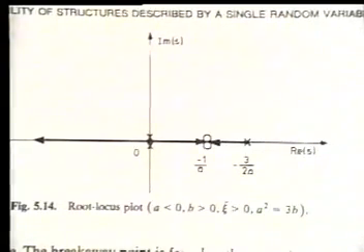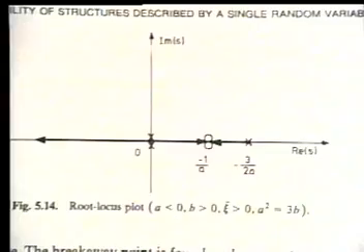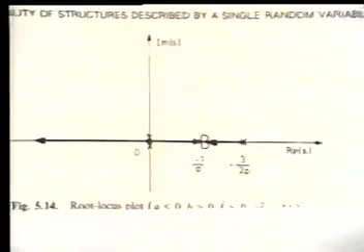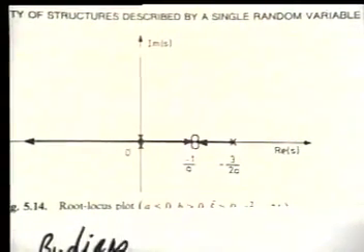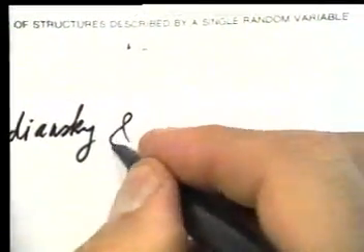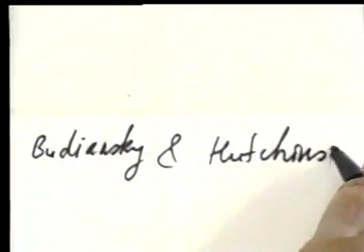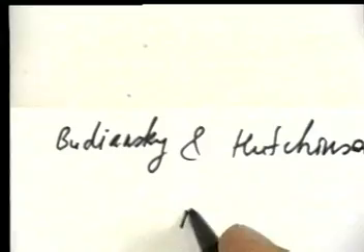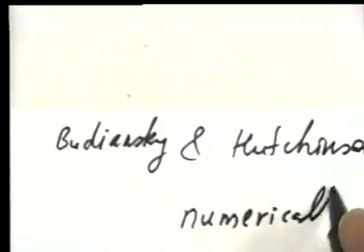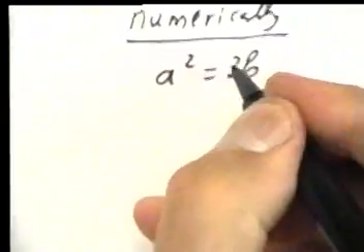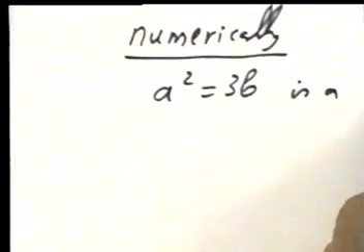Now, interestingly, Budiansky and Hutchinson of Harvard considered this model and found numerically that a squared equals 3b is a delimiting case.